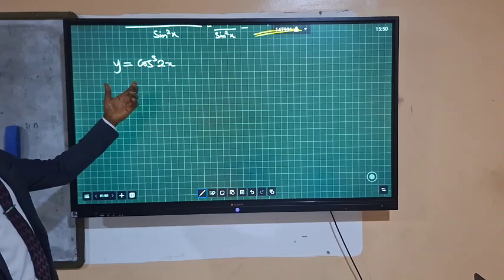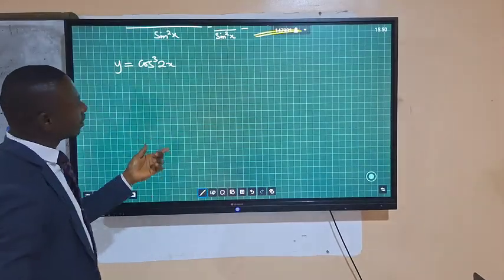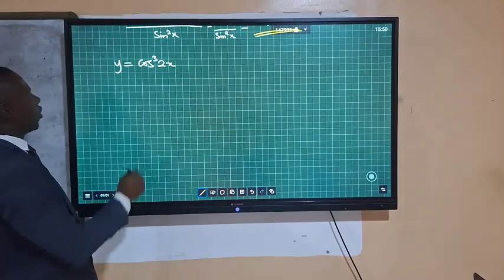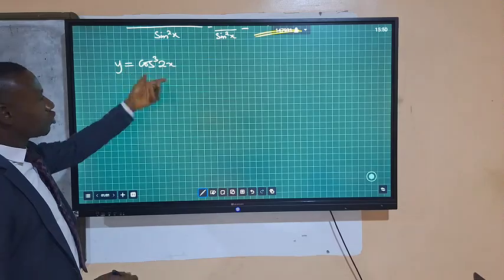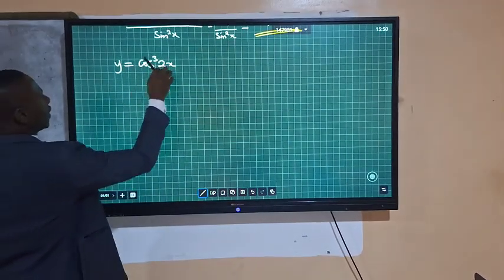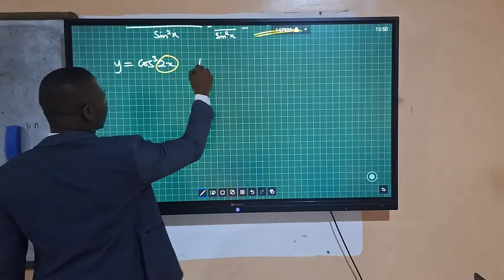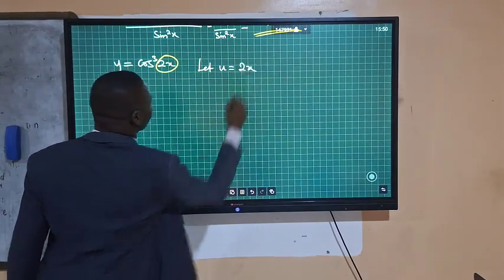If you look at this question, it looks simple, but it is still a bit complex. So we still apply the chain rule. Watch this, let u be equal to 2x.